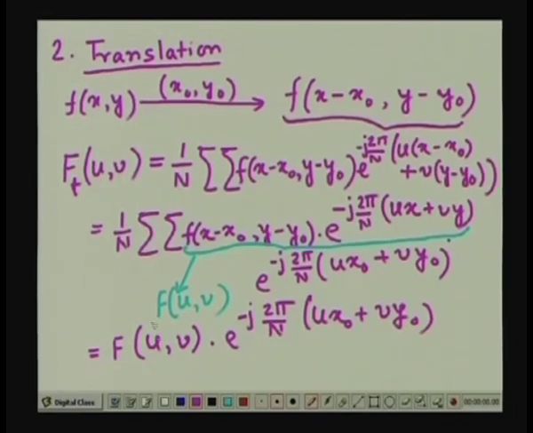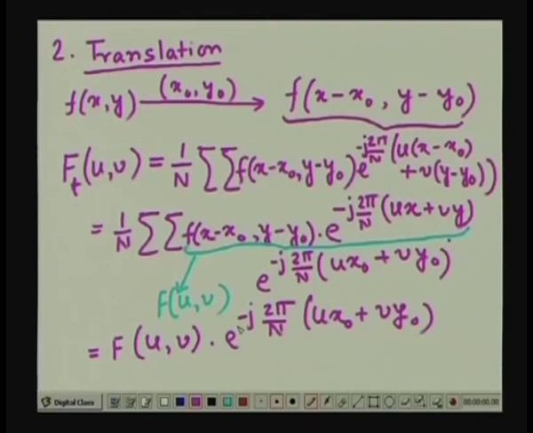If you compare these two expressions F(u, v) and F t(u, v), you will find that the Fourier spectrum of the signal after translation does not change, because the magnitude of F t(u, v) and the magnitude of F(u, v) will be the same. Because of this translation, it only introduces some additional phase difference.